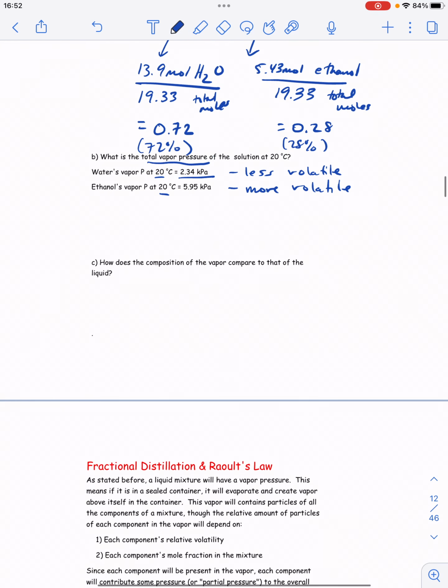And you basically just have to take its mole fraction, which is this 0.72 for water, and you multiply it by the vapor pressure. And that tells you how much pressure will be contributed by, in this case, water. So when I multiply these together, I get 1.7 kilopascals. So water is contributing pressure above this mixture of 1.7 kilopascals.